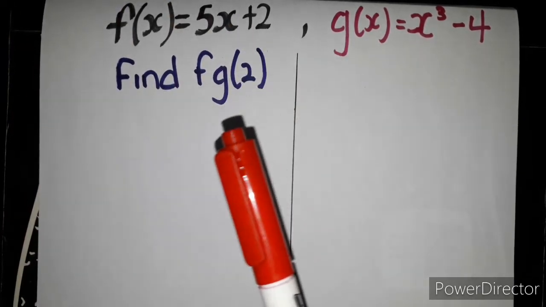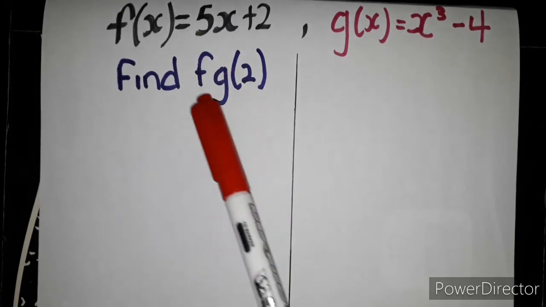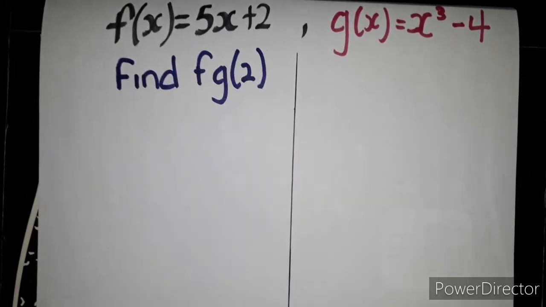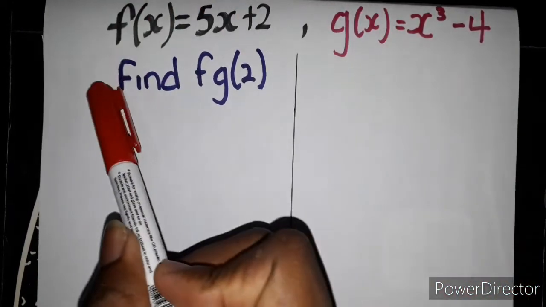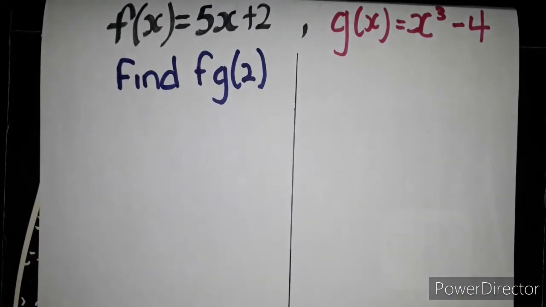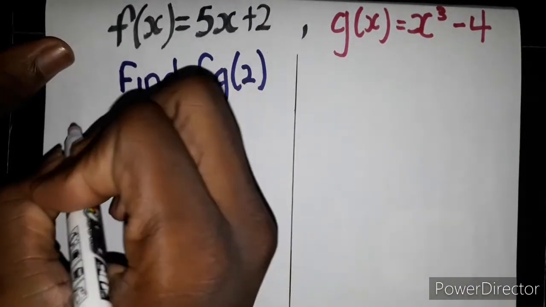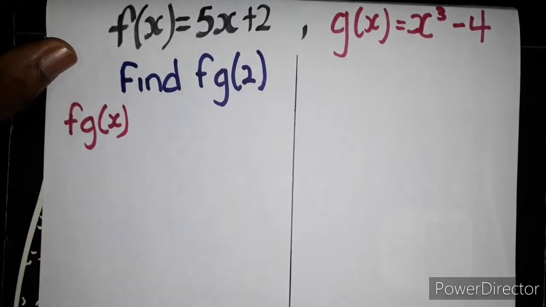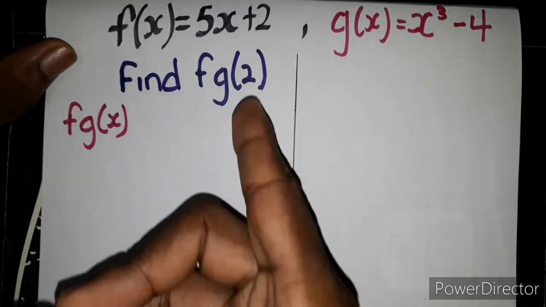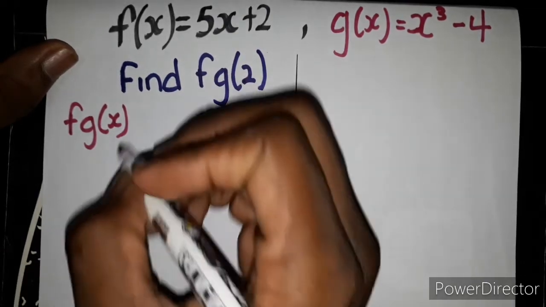The first thing we got to do is identify the function f of g of x. Just like what we did just now, we got to put the function g of x into this function. So let's do that. F of g of x, we're finding the general function first before we find fg of 2.